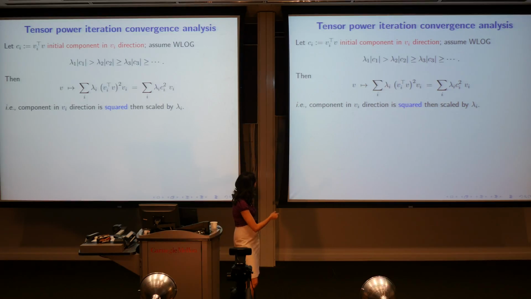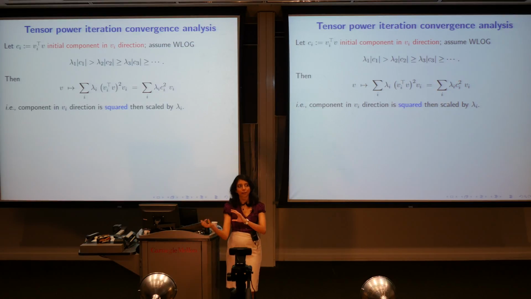And this is just the power method, which is a quadratic operation. If I started with initialization with correlation Ci along each direction, this changes into lambda i times Ci squared.